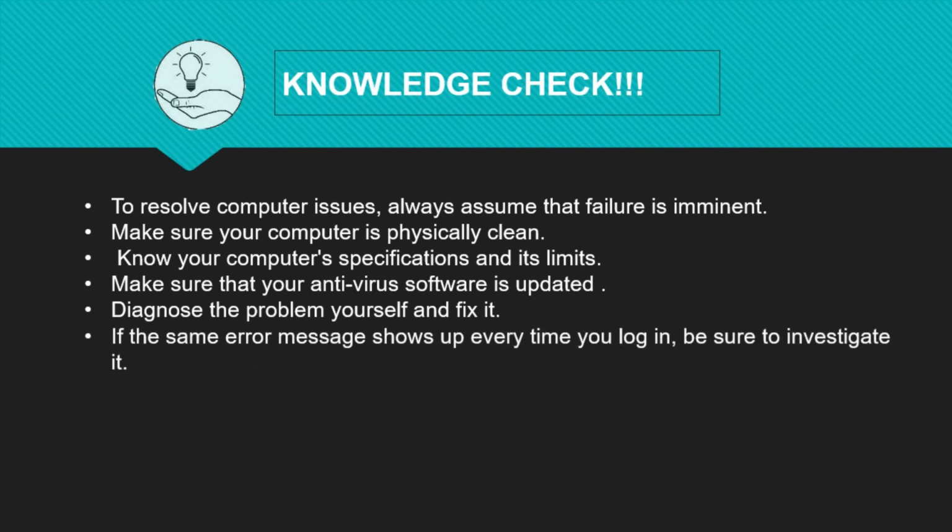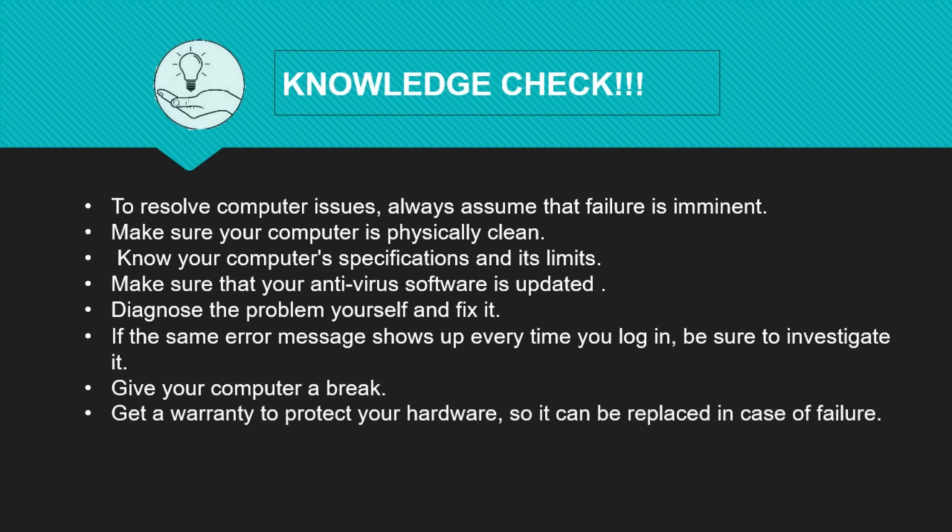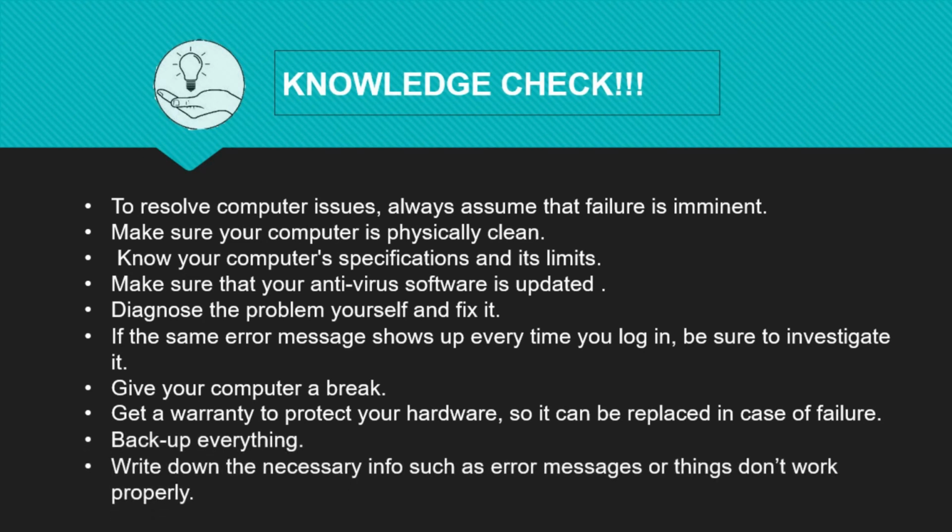If the same error message shows up every time you log in, be sure to investigate it. Give your computer a break. Get a warranty to protect your hardware so it can be replaced in case of failure. Back up everything, and write down necessary information such as error messages or things that don't work properly.